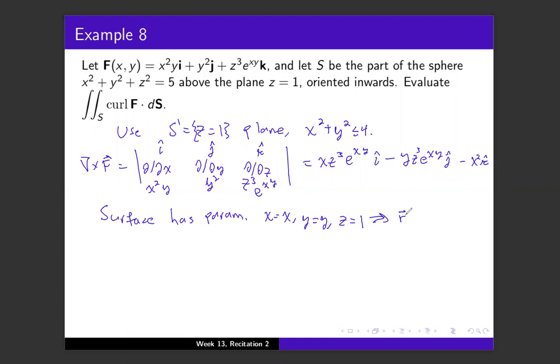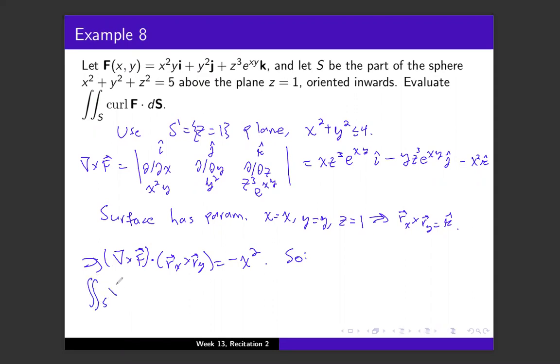So in this case, the cross product, Rx cross Ry, it's just going to be k in this case. So because it's just k, because that's the only thing that survives after doing all of this, what that means for us is the curl of f dotted with this new normal vector, Rx cross Ry, that's just negative x squared.